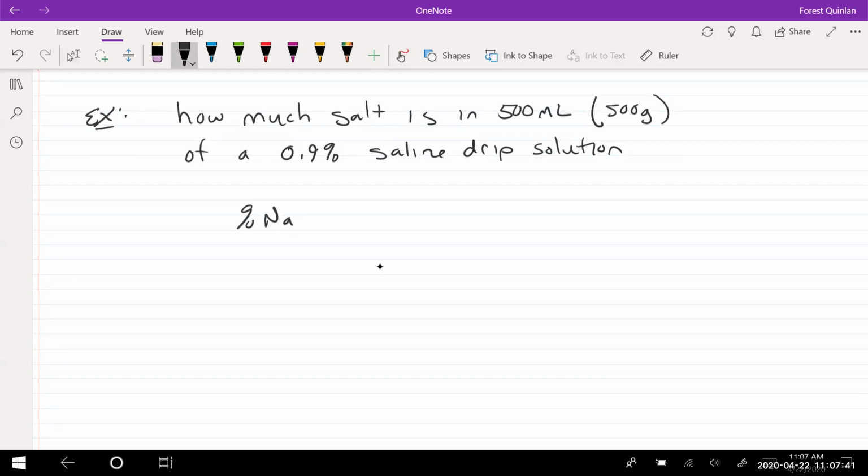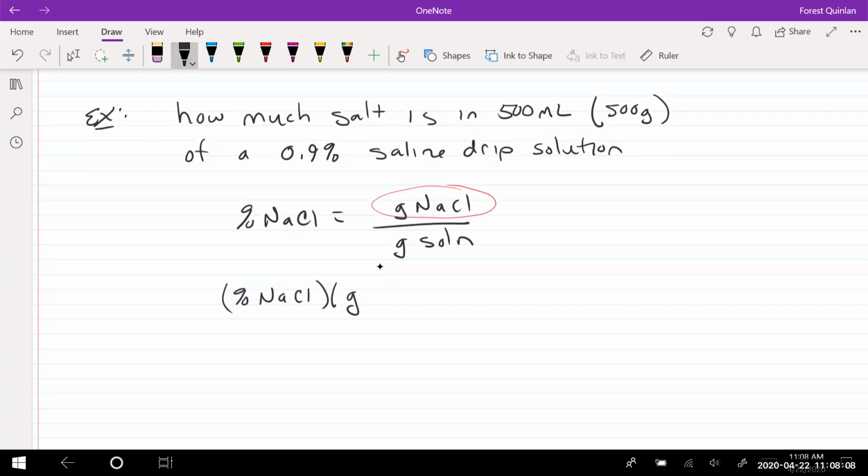So the percent of NaCl is equal to the grams of the NaCl over the grams of the solution, which is our saline drip solution. We are actually looking for how much salt is there, so we're just going to multiply up, and we're going to say that the percent of NaCl times the grams of solution is equal to the grams of NaCl.